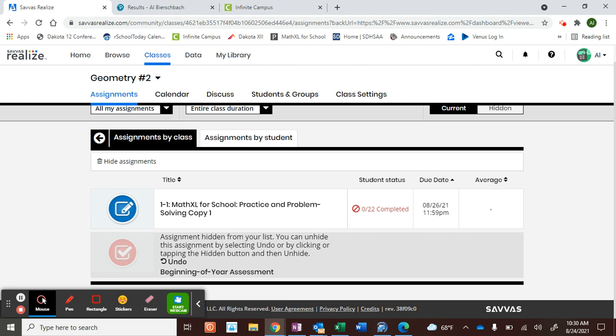And those of you who didn't do the NWEA yet, we'll get you caught up with these next study halls. Okay? But you want to go and find the Math Excel for School Practice and Problem Solving Copy 1. Is that out there for you? Okay, go find that and get started on that.